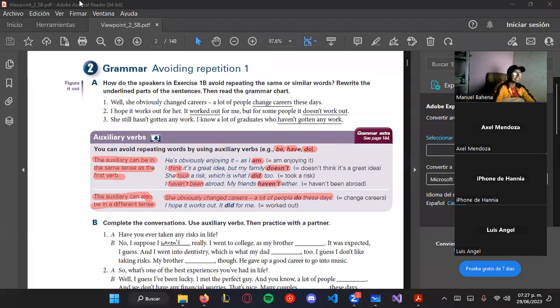Exactly. So in this sentence, what's the first verb that we see, that pops? Which one is it, Luis? What's the first verb, the verb that pops here? Que aparece aquí? Changed. Changed, exactly. In which tense is this one?